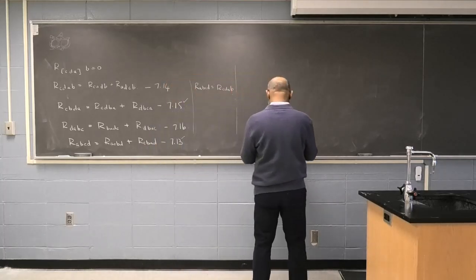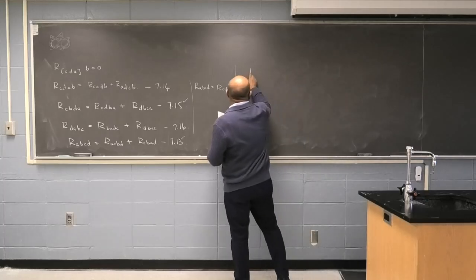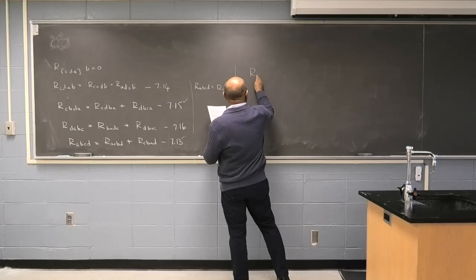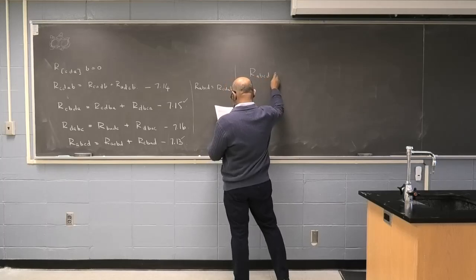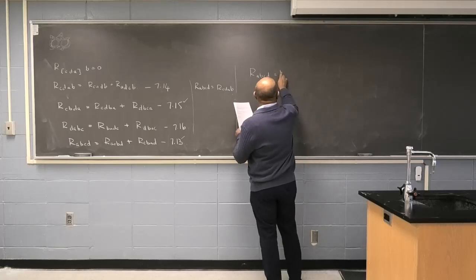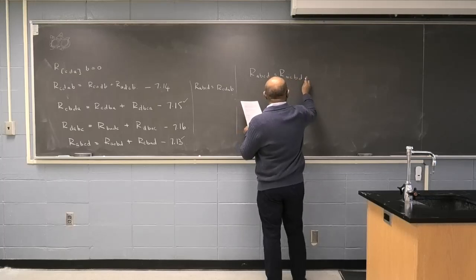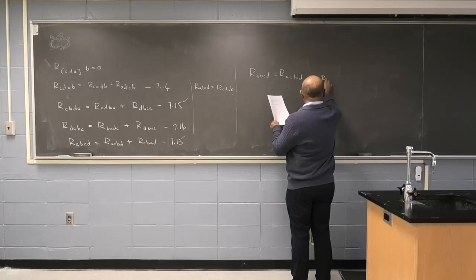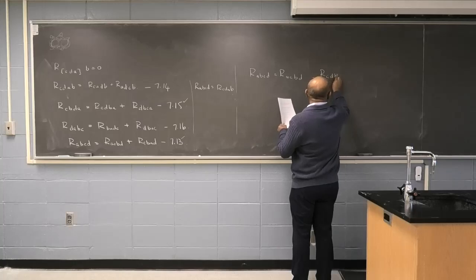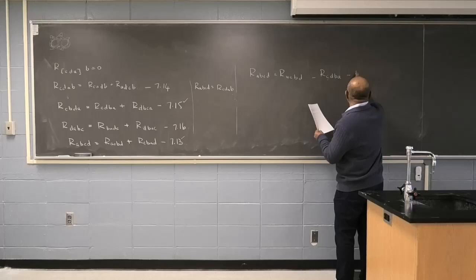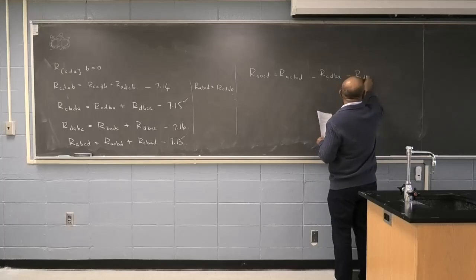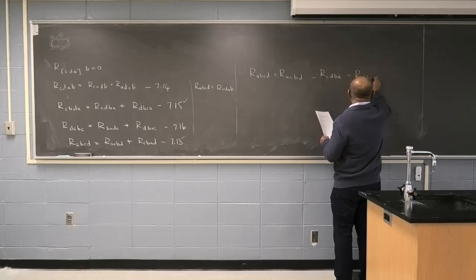And what I get is R ABCD equals, substituting 715 in equation 713, R ACBD minus R CD, so many indices, R DCA.